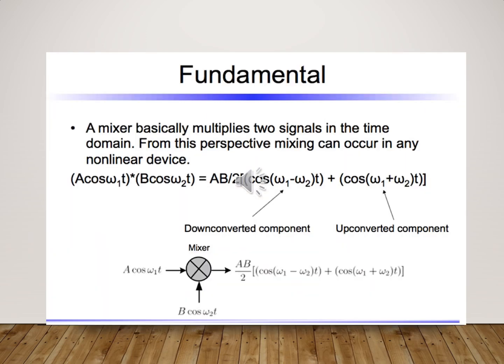The multiplier, or the mixer, is just multiplying two signals in the time domain. From this perspective, a mixer can occur in any nonlinear device such as a diode or transistor. So when we say two signals are just multiplied with each other, we have down-converted and up-converted components, as you see in the slide.